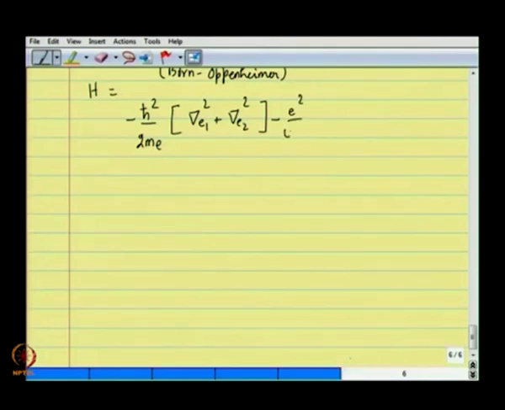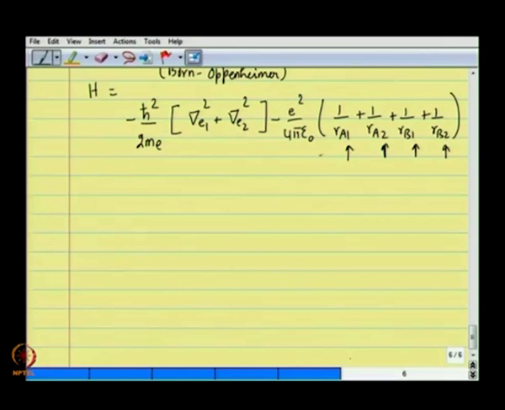So to include those terms, we have to write minus e square by 4 pi epsilon naught, and the Coulombic attraction terms are 1 by rA1, 1 by rA2, plus 1 by rB1, plus 1 by rB2, which are the distances of electrons 1 and 2 from the nuclei A and B. And the last term is of course plus e square by 4 pi epsilon naught, 1 by R12, the inter-electron repulsion, and the nuclear repulsion, or EB.